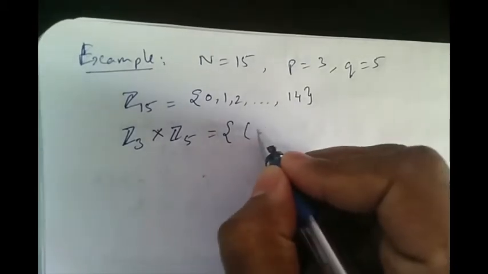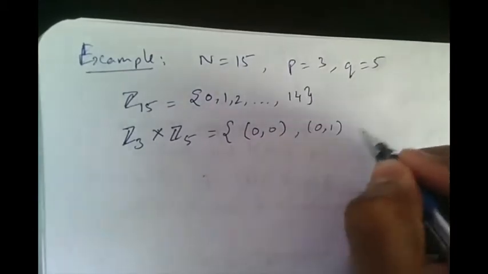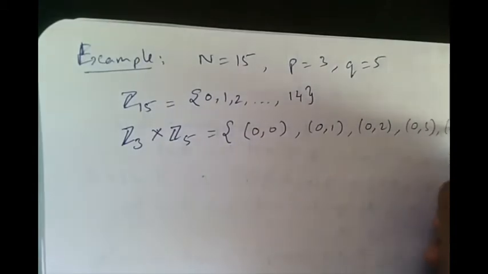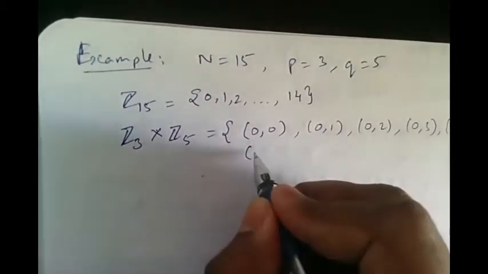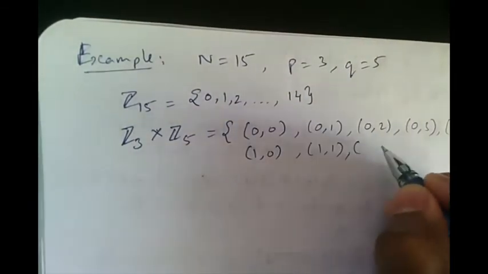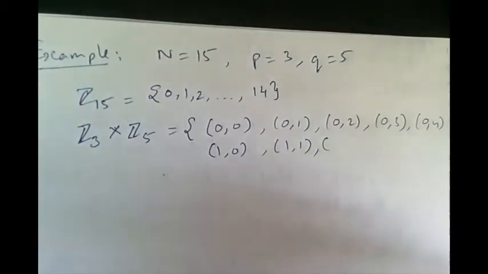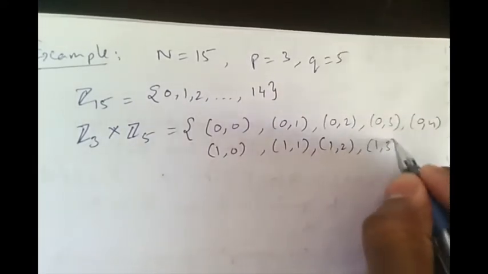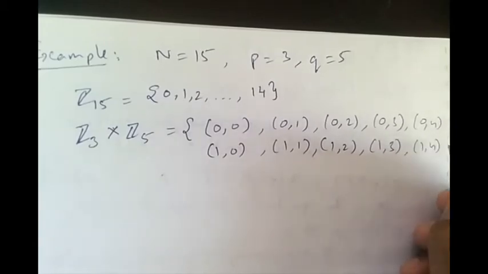So for the first coordinate in Z3, let's take 0, then we have 0,0; 0,1; 0,2; 0,3; 0,4. Then the first coordinate we can take 1: 1,0; 1,1; 1,2; 1,3; and 1,4.